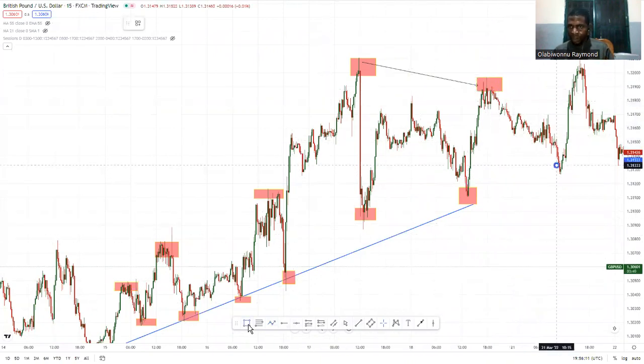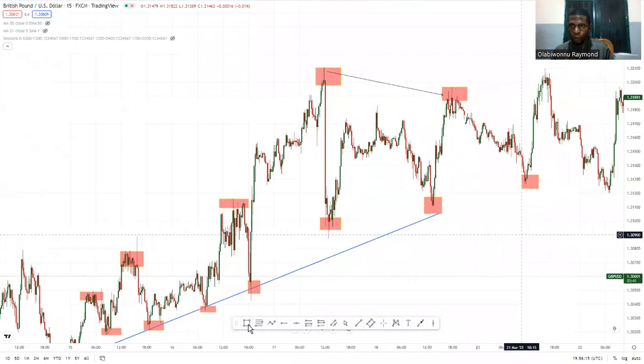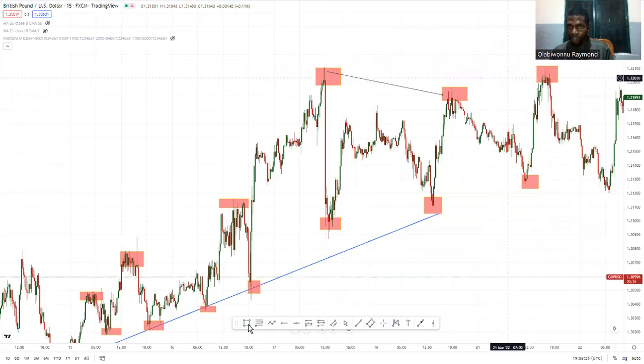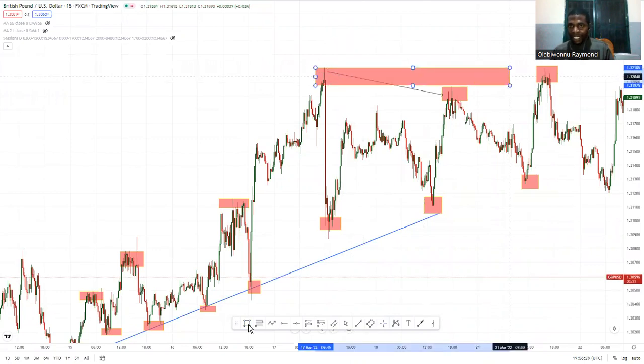So the market created a what? A higher low. Beautiful. So what are we waiting for? We are waiting for the market to create a higher high, almost equal to this high. Yeah, it's even equal to this high. But notice that the market didn't pass this high again.